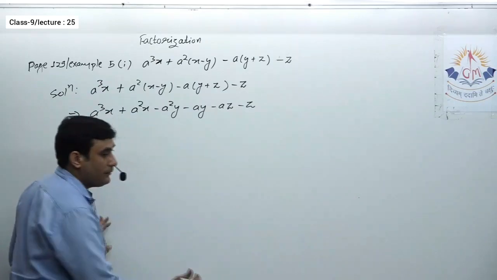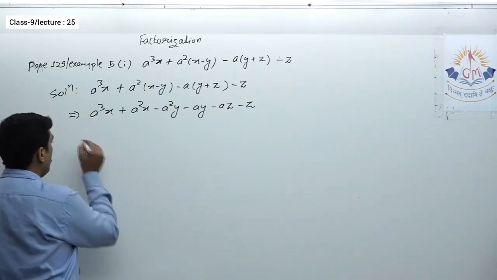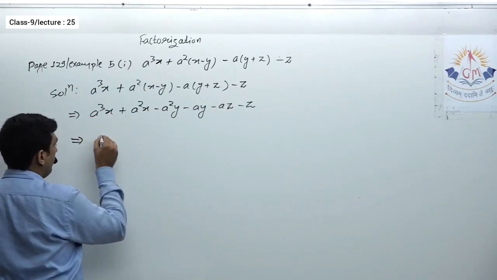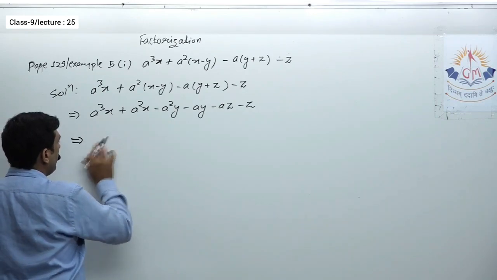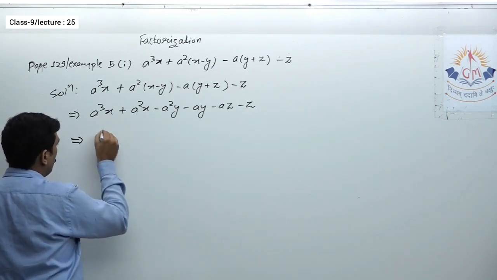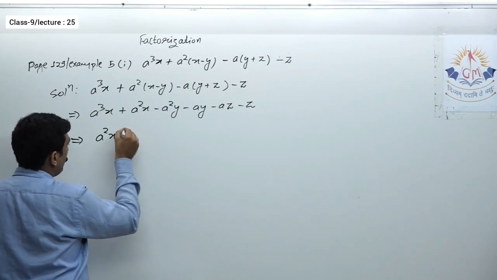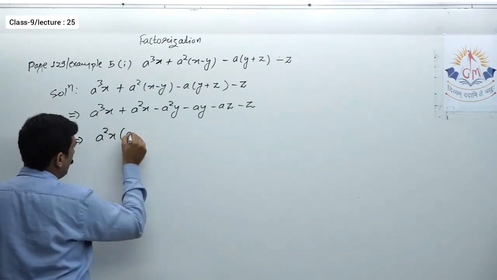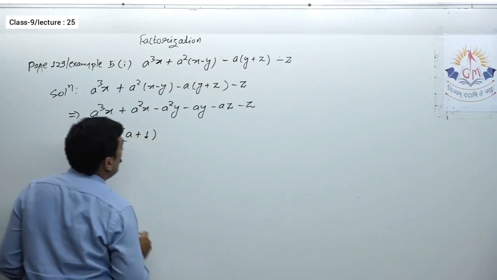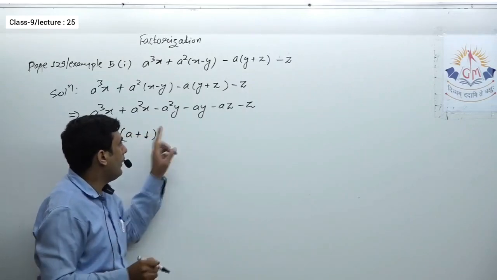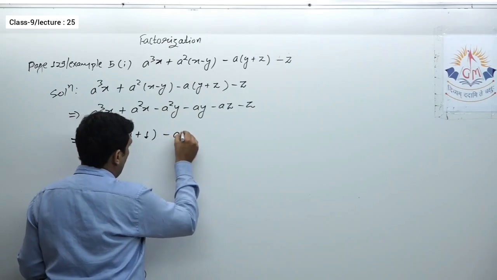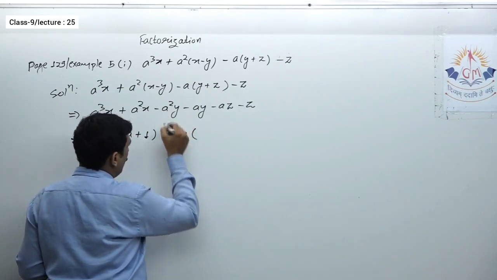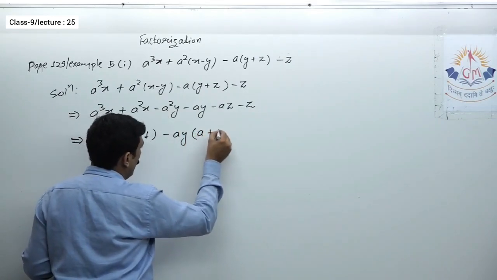So let us first take the common and then check whether we are getting the same thing in the brackets or not. From these two I can take a square x common, and I will get a plus 1. Now from these two I can take minus ay common, and here I will get a plus 1.